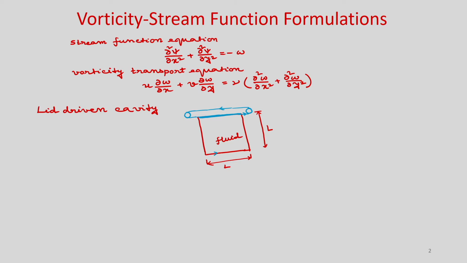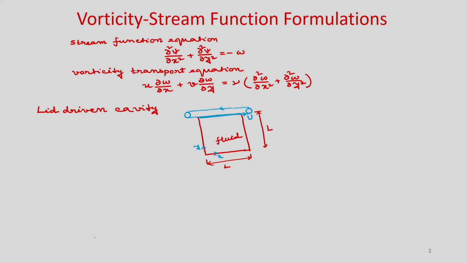If this is x and this is your y, then along the x direction the lid is moving with some velocity U. So you have a square enclosure where the left, bottom and right surfaces have no slip boundary conditions, those are stationary walls, and the top wall is moving with velocity U.